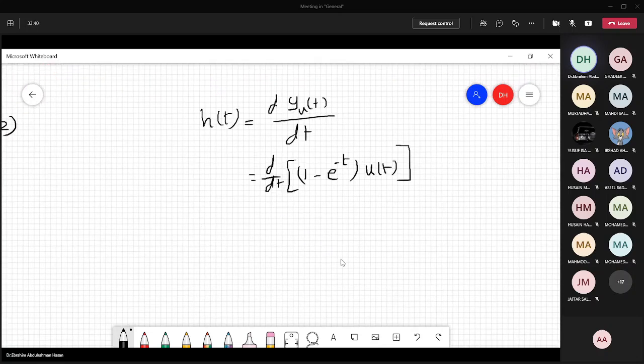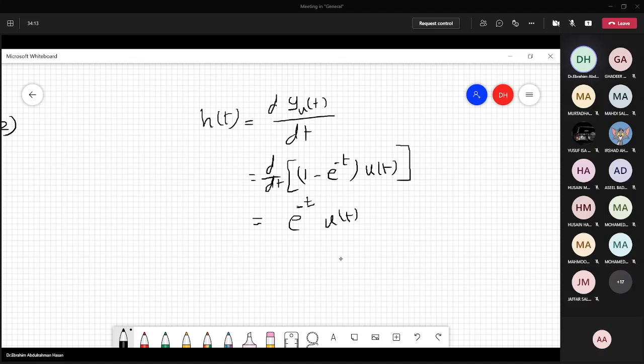The derivative of this one: the derivative of this part is e to the power of minus t, multiplied by u of t, plus the derivative of u of t multiplied by this amount.